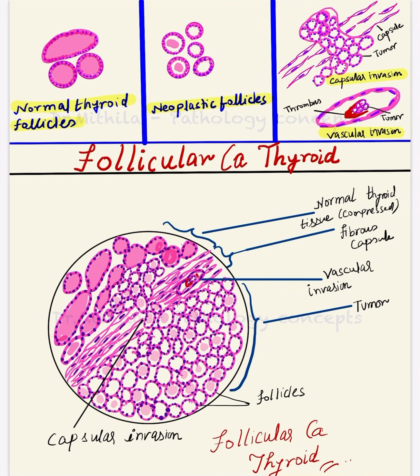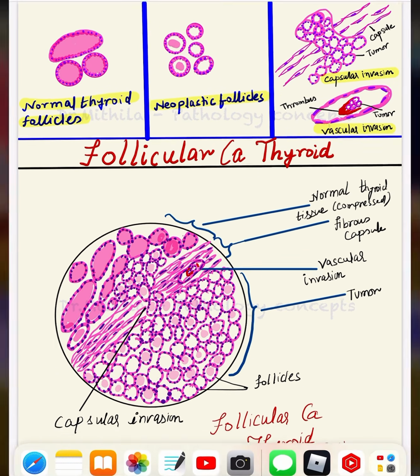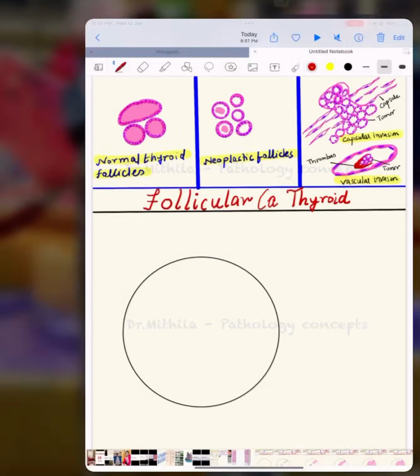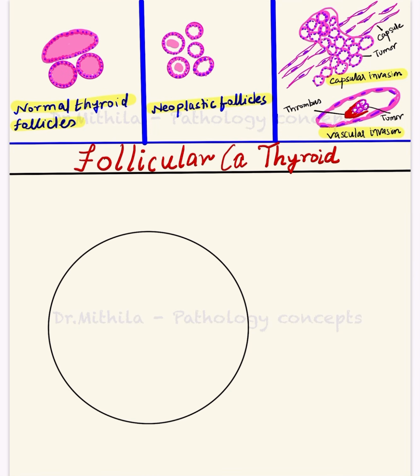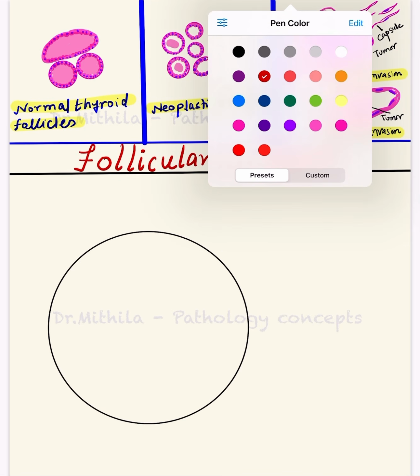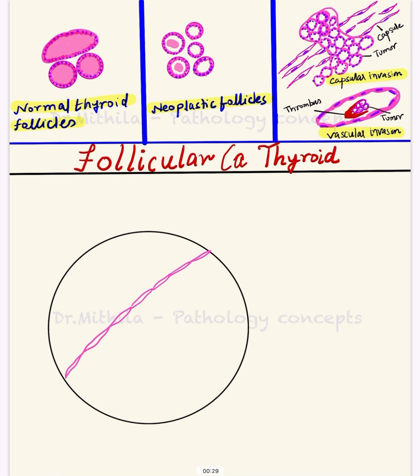So now after knowing all these points, it is easy to make the diagram of follicular carcinoma thyroid. So let's make it. First you draw the capsule. I have left a space in between to show the capsular breach.